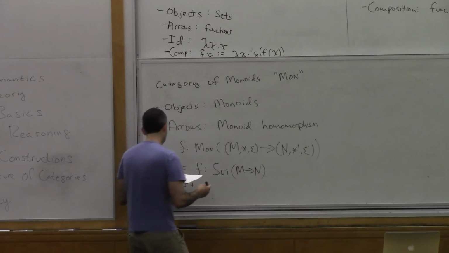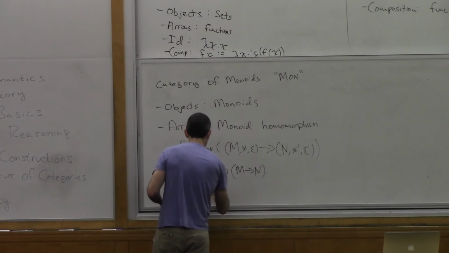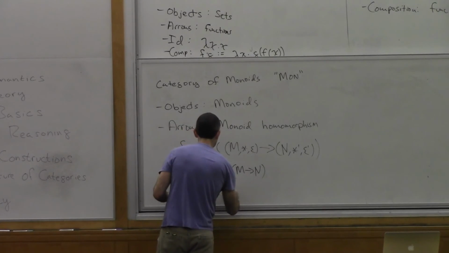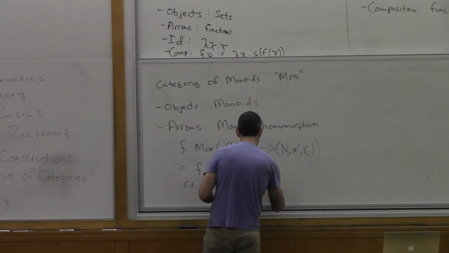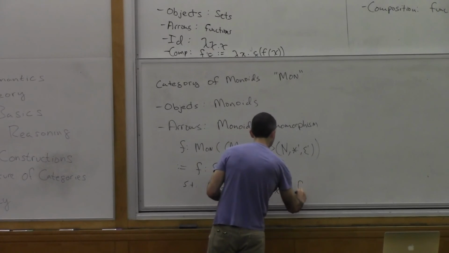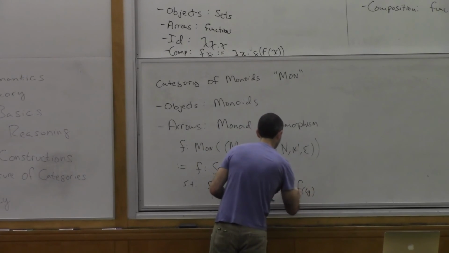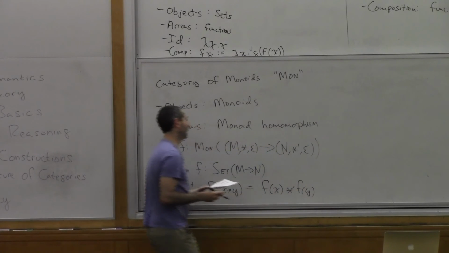In particular, if we first multiply two elements and then send them over to f, it's the same thing as sending them over and then multiplying them once they get there.